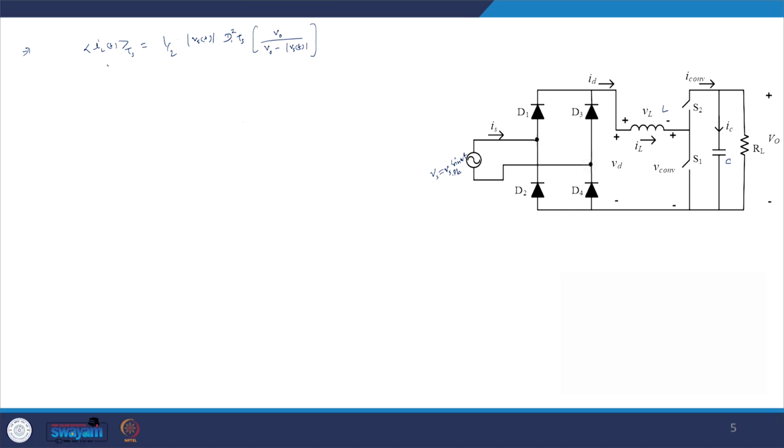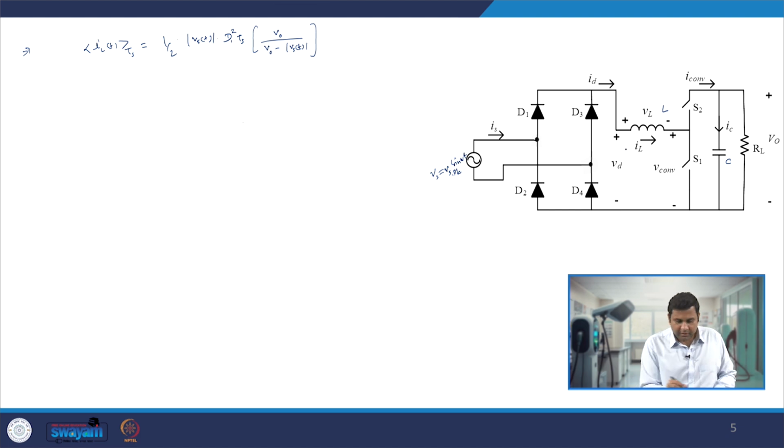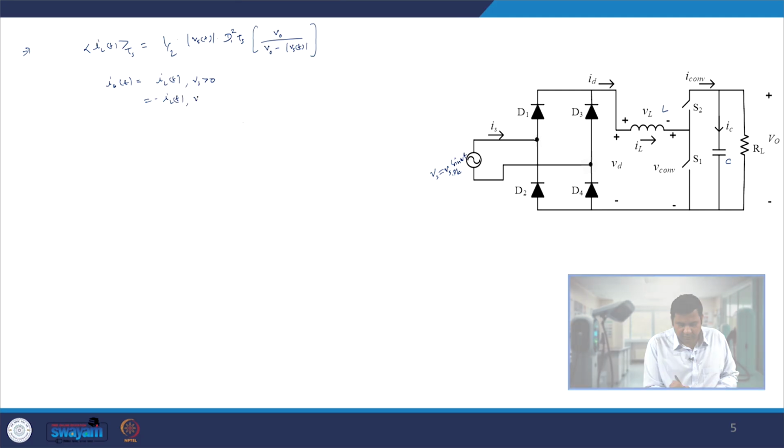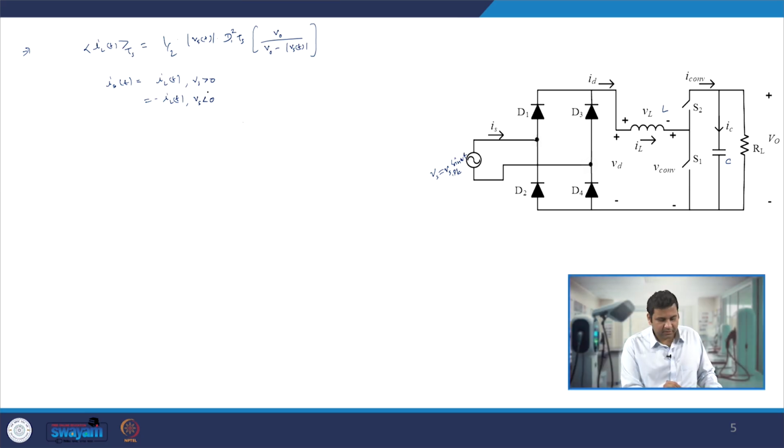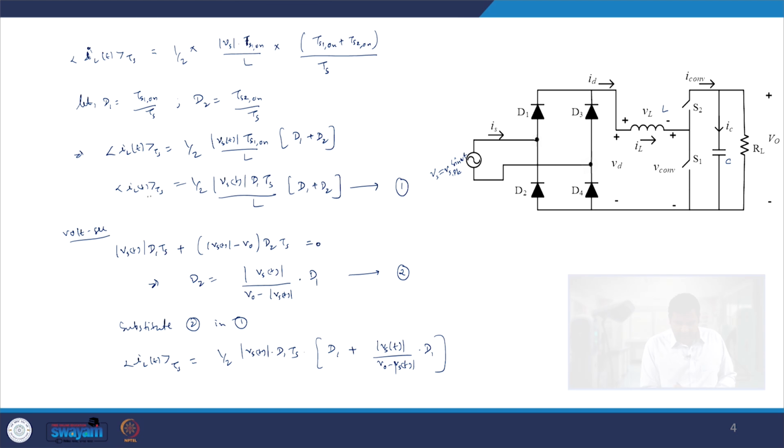So this is what we got as the average value, and we know that Is(t) is equal to IL(t) when Vs is greater than 0, and equal to minus IL(t) when Vs is less than 0. If we look very carefully, the modulus of Vs gives the average variation.